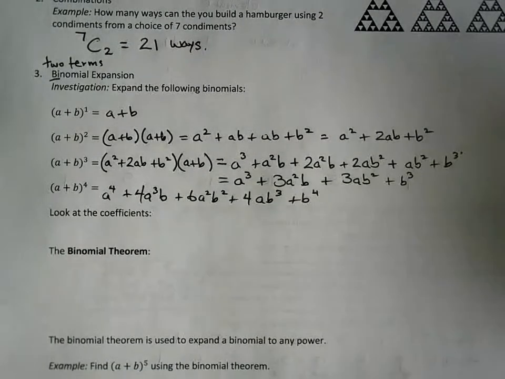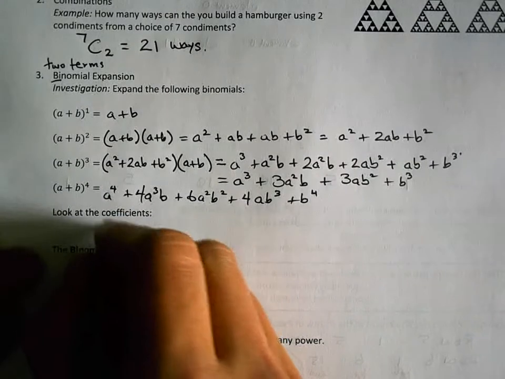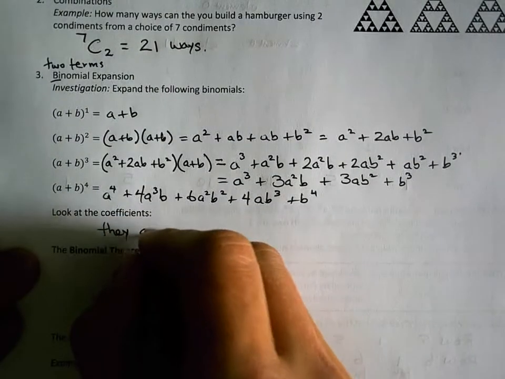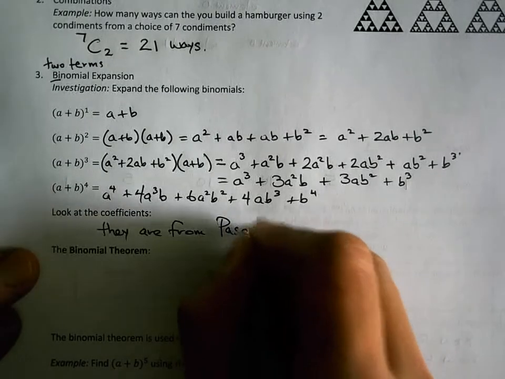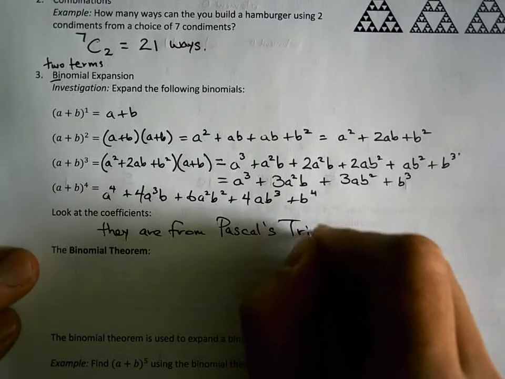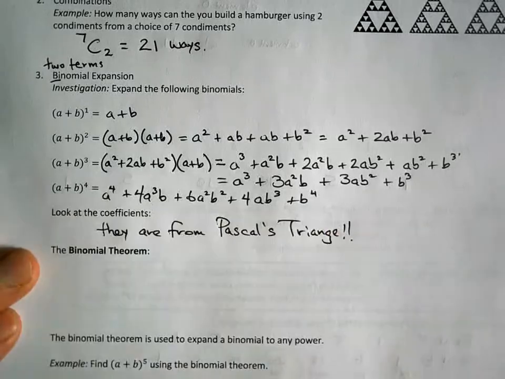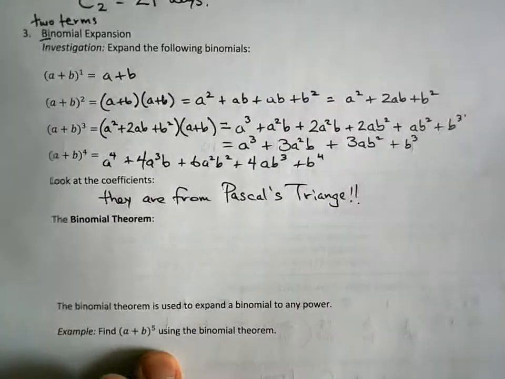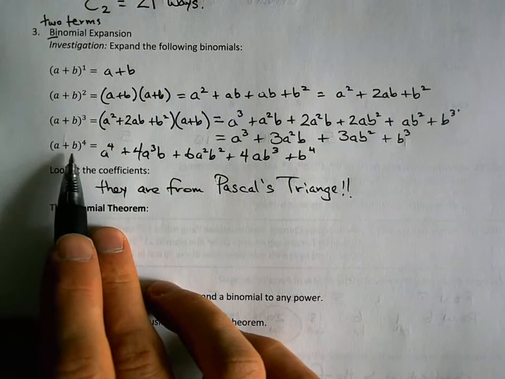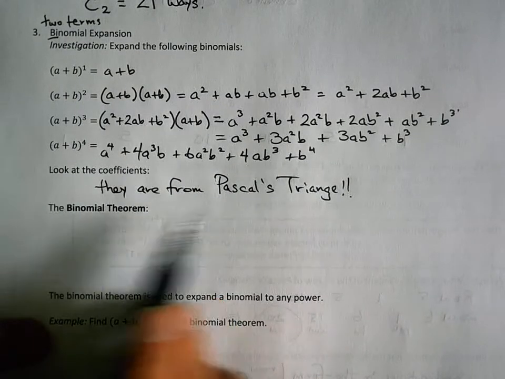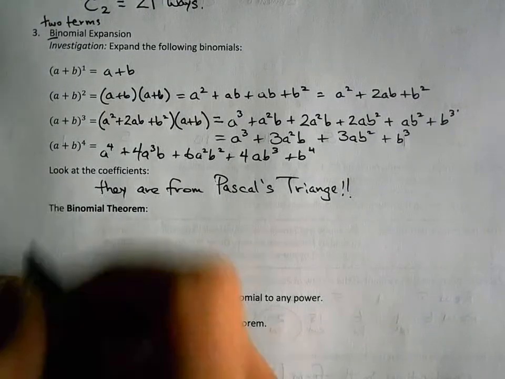And this is a huge thing for us. This is why we teach you this. They are from Pascal's triangle. So this idea that I can figure out the expansion of any two terms using Pascal's triangle, this is called the binomial theorem.